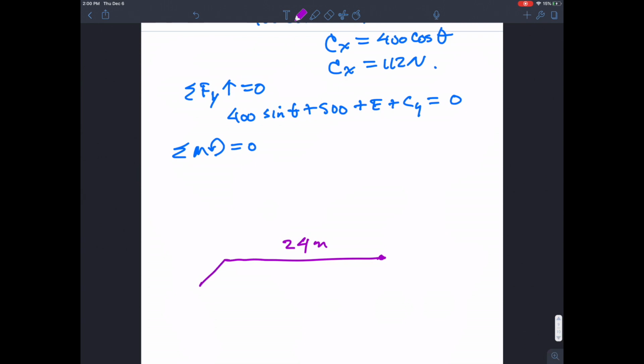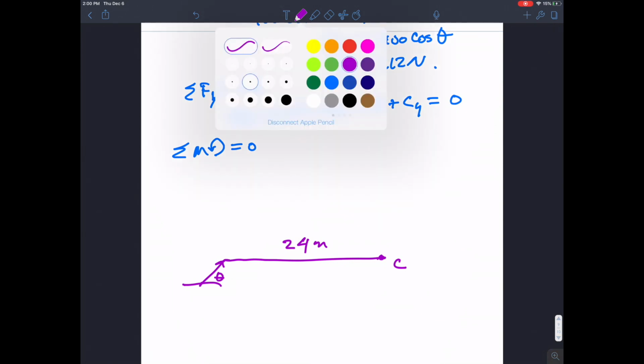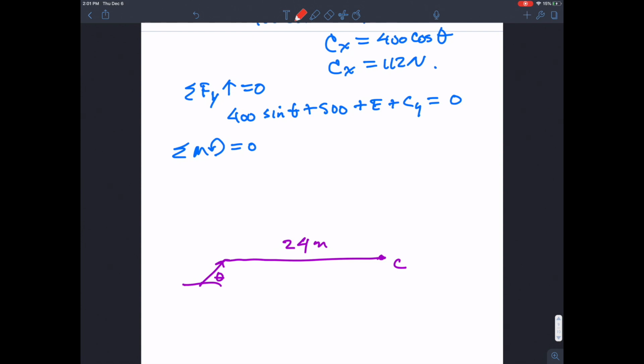We have a force acting at theta around point C. All right, so what we need is the component of the force perpendicular to the length 24 meter. And so that would be looking like this, which is the y component of the 400 Newton force. All right, so this would be 400 times the sine theta. All right, so that takes care of that particular moment.